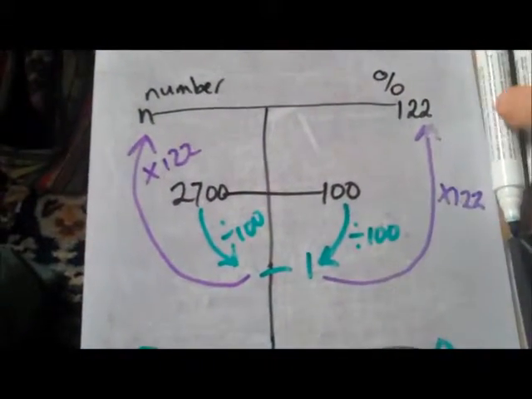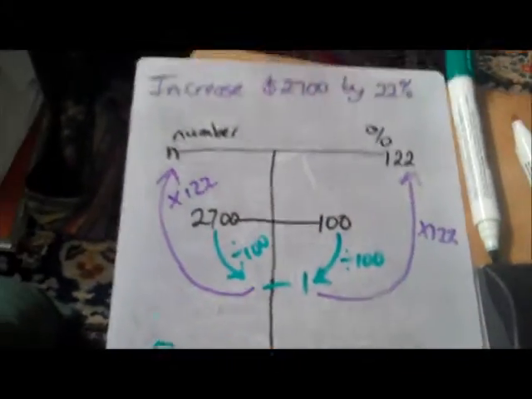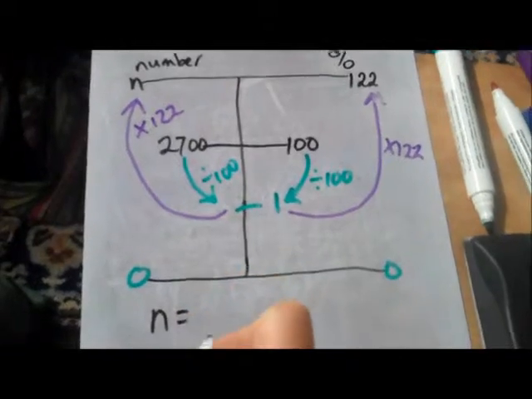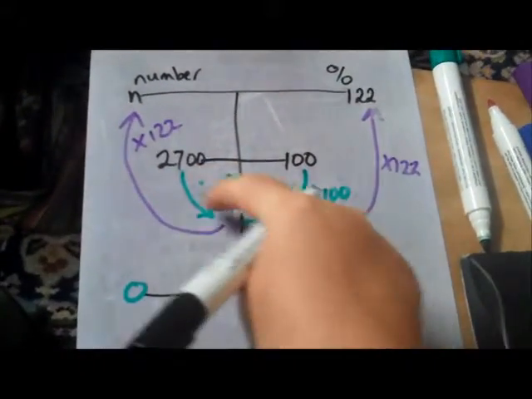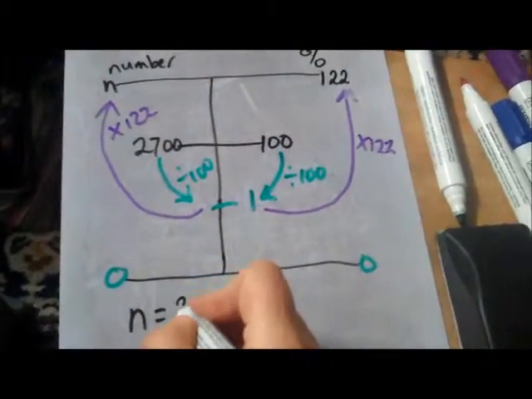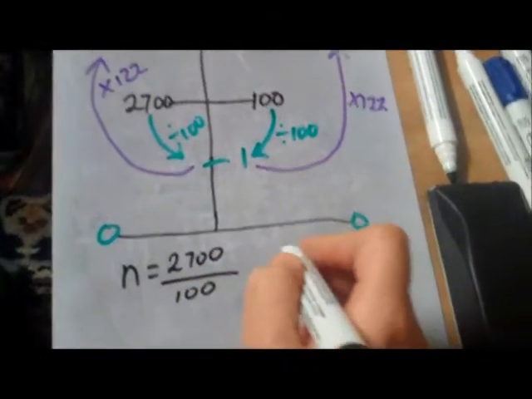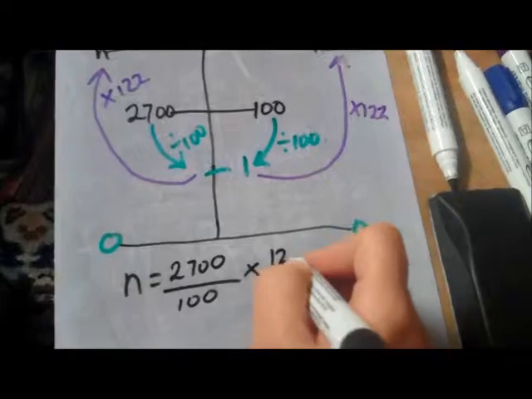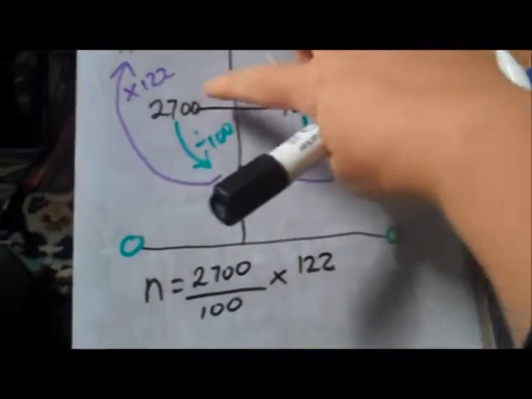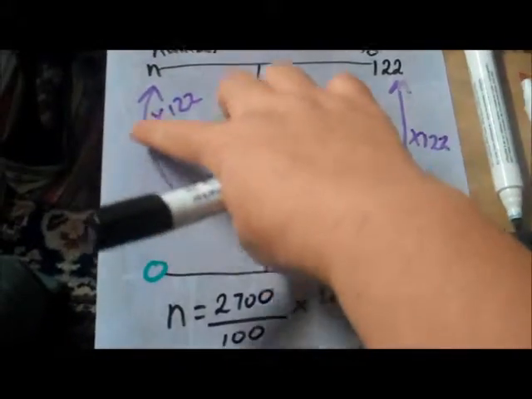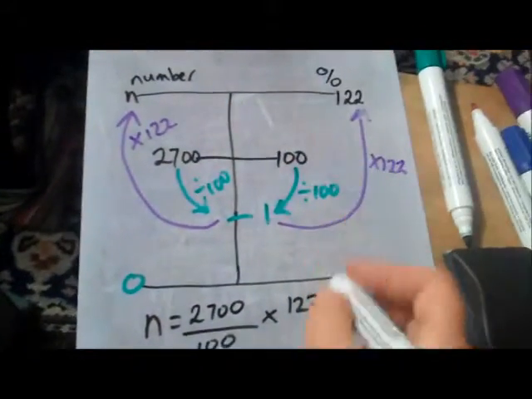So my number is, let's follow the arrows back. I started with 2,700. I divided it by 100 and then I multiplied it by 122.